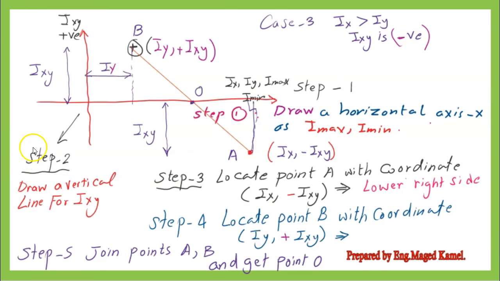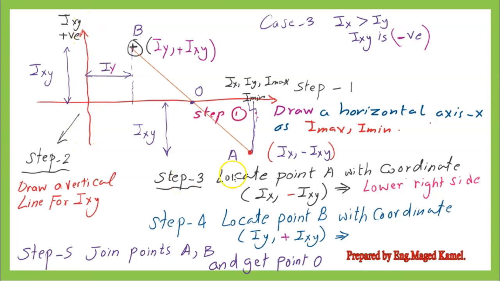These are the step-by-step procedures to construct Mohr's circle of inertia. Number 1, draw a horizontal axis representing Ix, Iy, I max and I minimum. Number 2, draw a vertical axis representing Ixy in the upward position, where Ixy is positive.